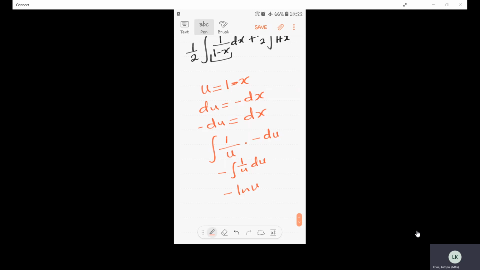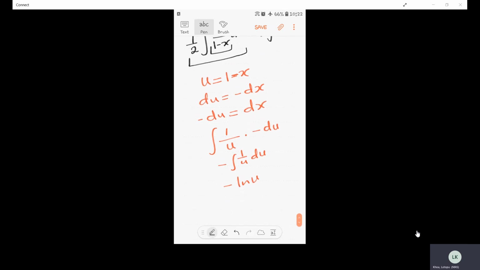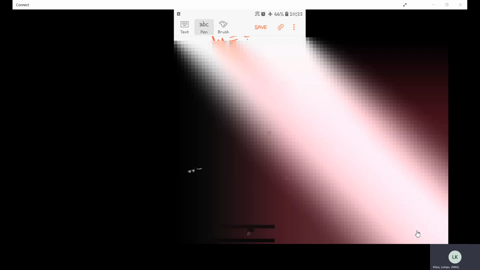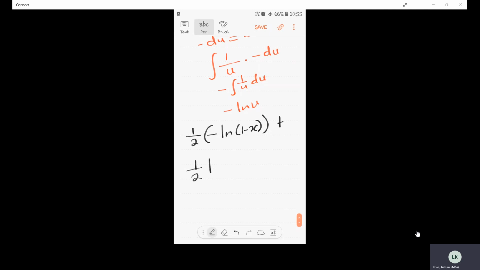Okay, so when I integrate this over here, what I will have is half negative ln of 1 minus x plus half ln of 1 plus x plus c.